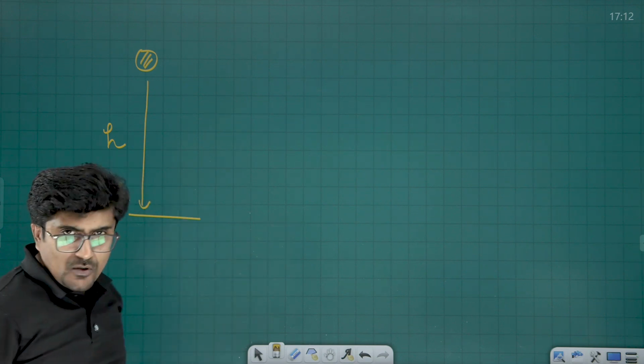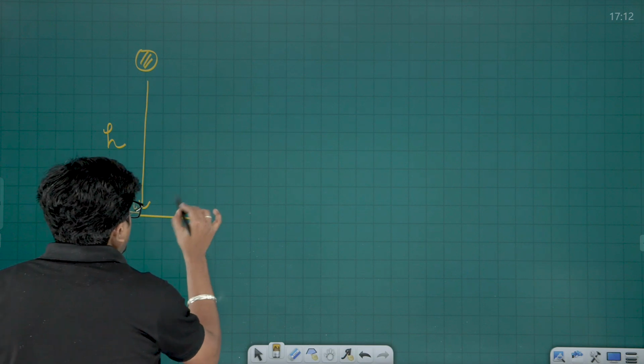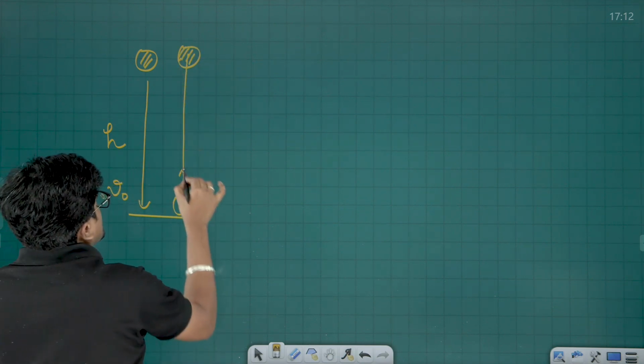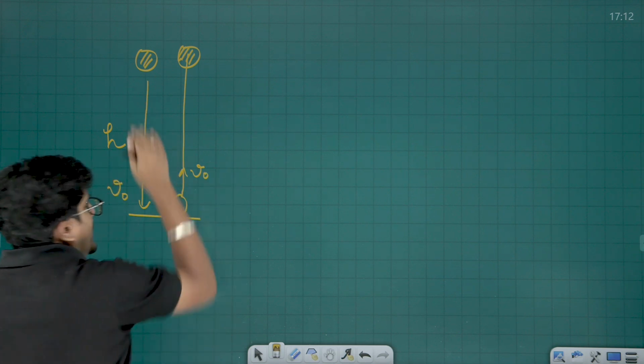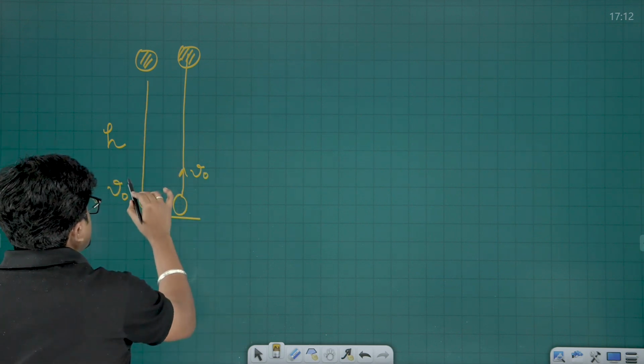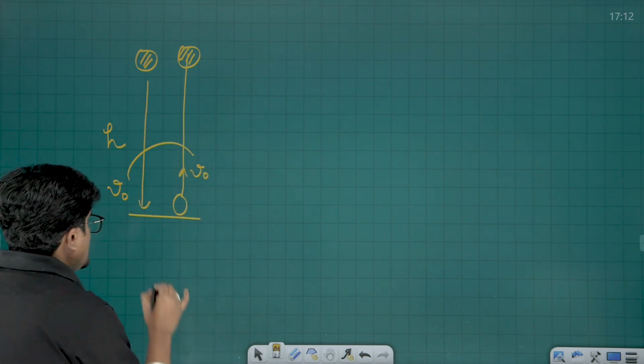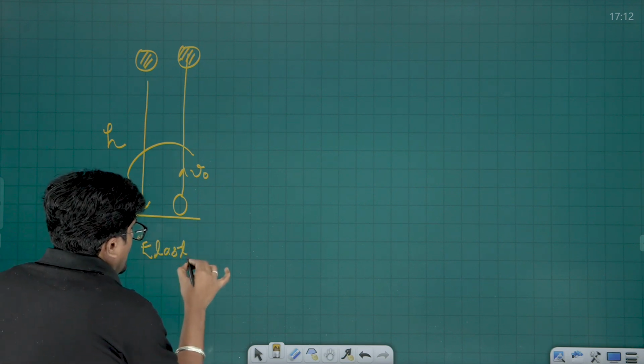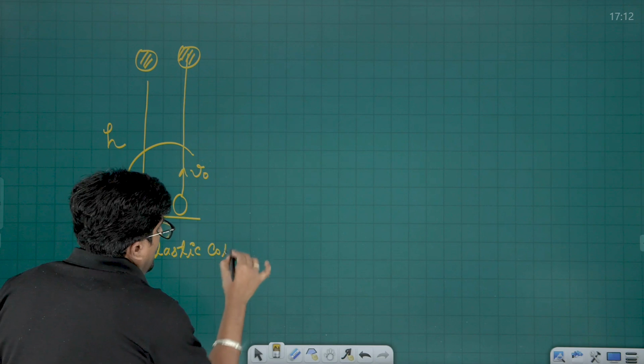And if it is an elastic collision happening here, the body will go back to the same height. That means the velocity with which the body bounces back is also going to be the same. This is possible in the case of elastic collision.